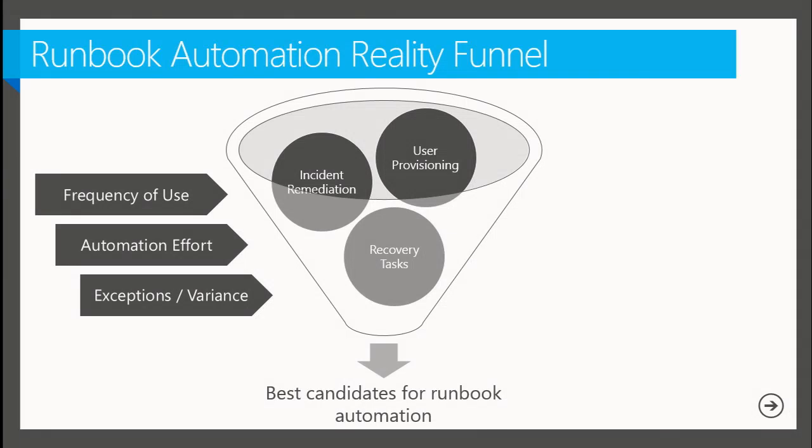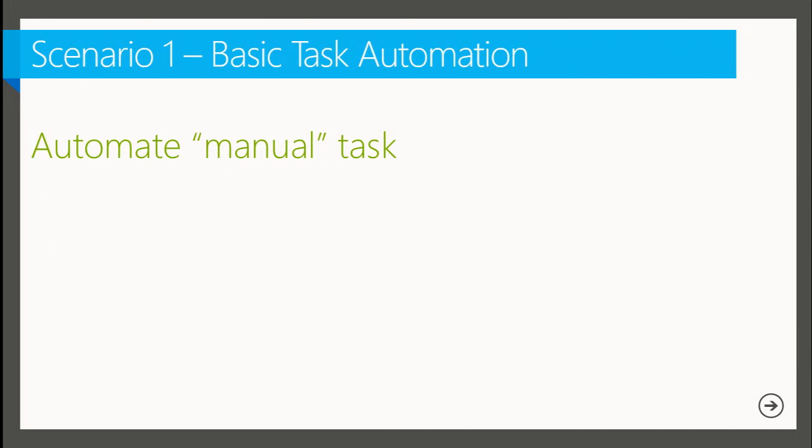So if you have a process that's wildly unpredictable, it may not be a fantastic candidate, but we apply these criteria: high frequency, low complexity, low effort, and we come to a list of our best candidates for runbook automation. In other words, this is where we start. We start simple. Yeah? Fair?